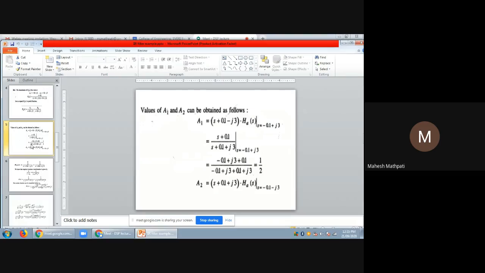Is it visible to all? Yes, sir. So what is the value of A2? 1 by 2. Okay, that is also 1 by 2 again. So both the values are 1 by 2.